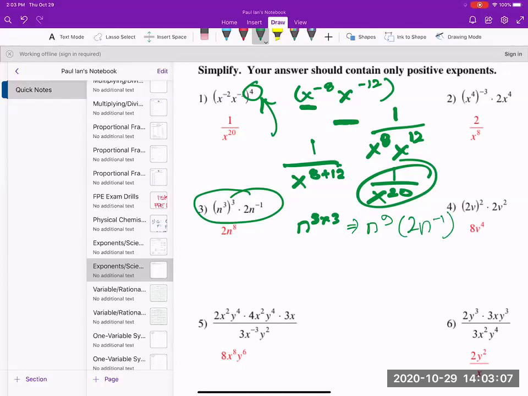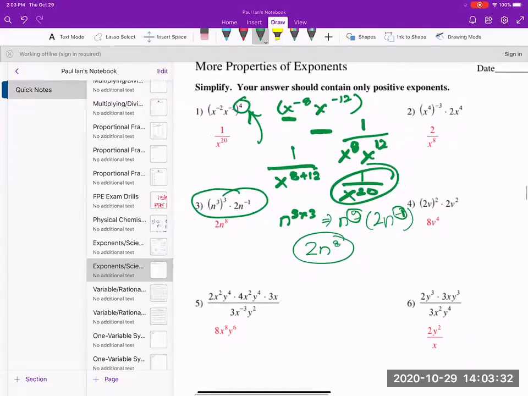What do you do next? You can do like terms. Okay, so this 9 and negative 1, what do you do with that? Add them. Okay, so 9 minus 1 is 8, right? Yeah. All right, so that's what I would do. These are just warm up.